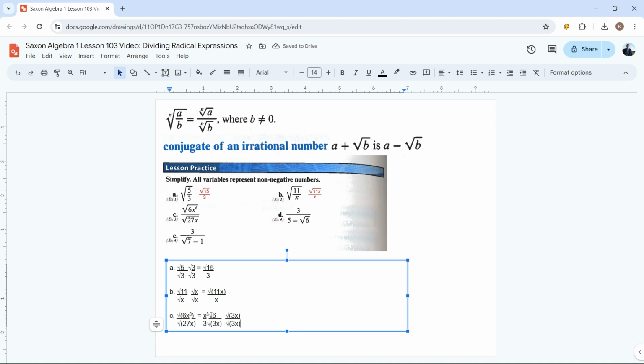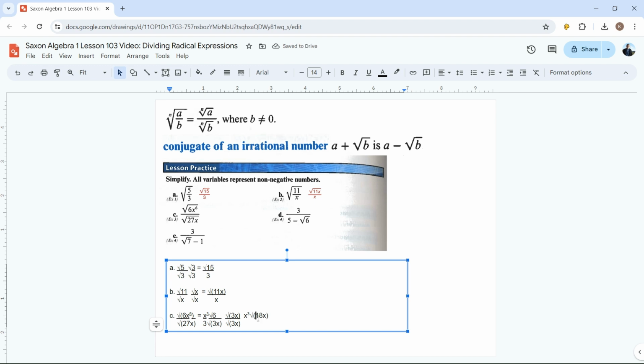Now, what's that going to change into? So on the top, I'm going to have x cubed times the square root of 6 times the square root of 3x. That becomes on the top x to the third times the square root of 18x. I'm going to multiply together everything that's under the square root symbols. Well, wait a second.